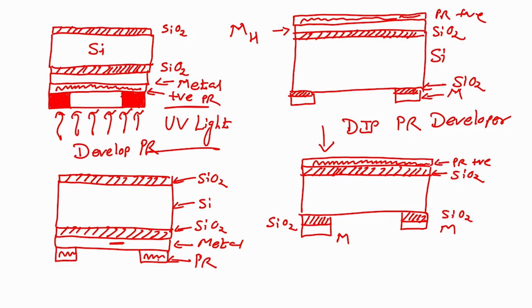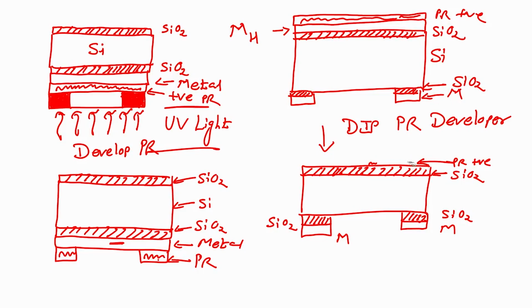When I dip it in photoresist developer, what will I have? I will have photoresist only in this area. Why? Because I get the same pattern of the mask on the photoresist.